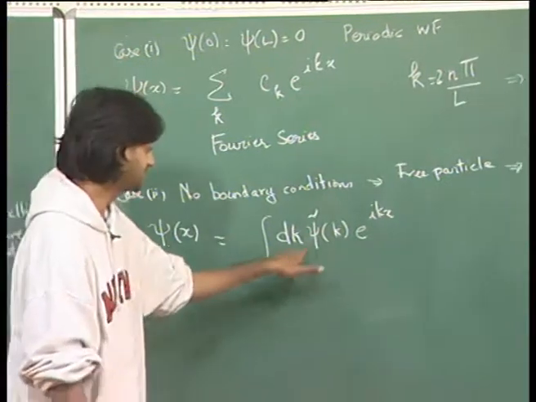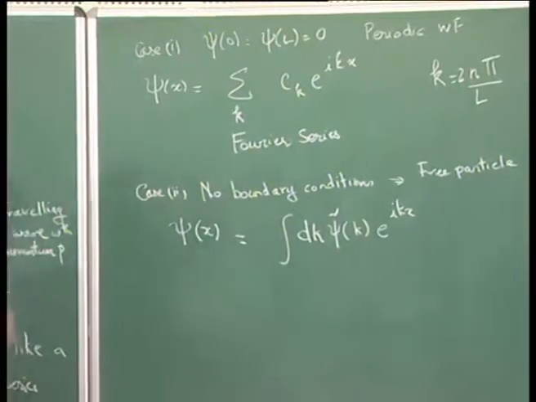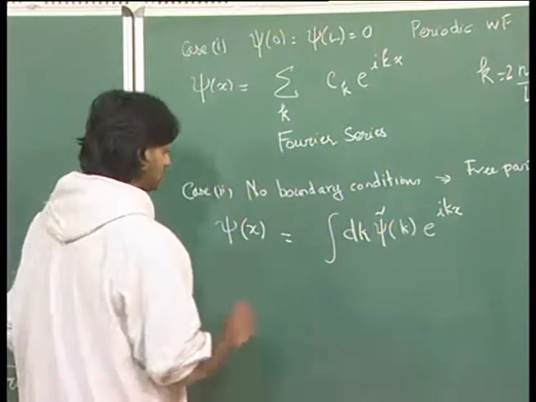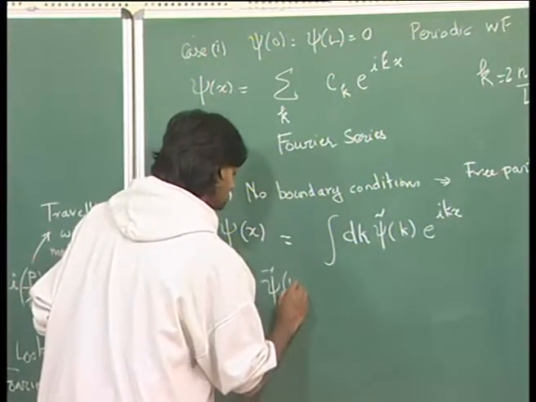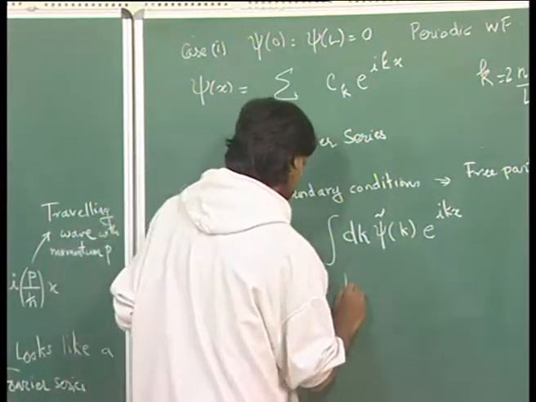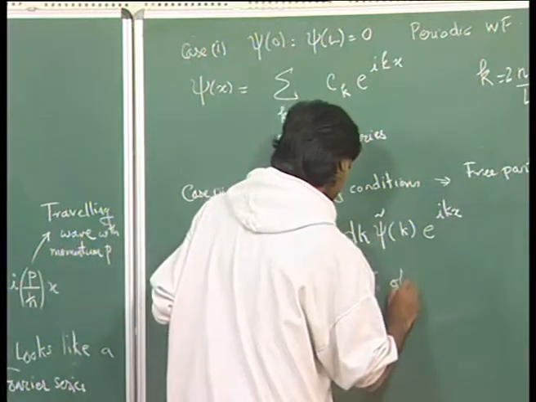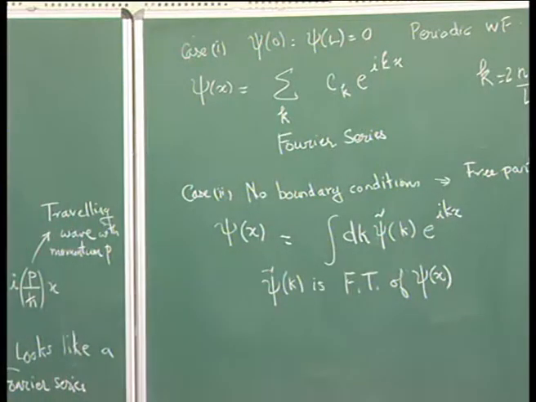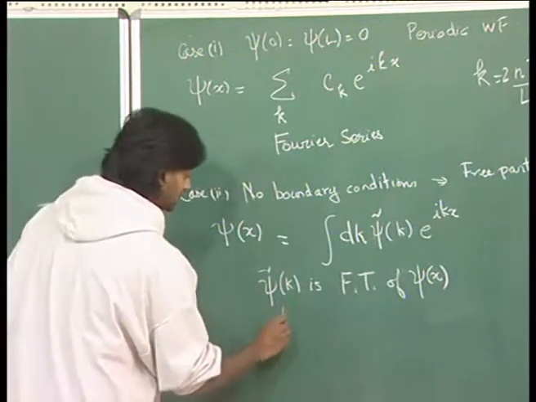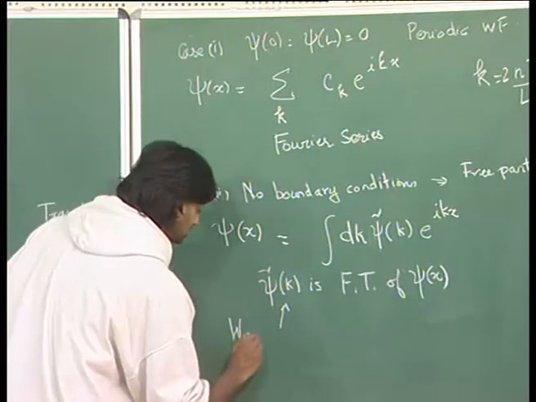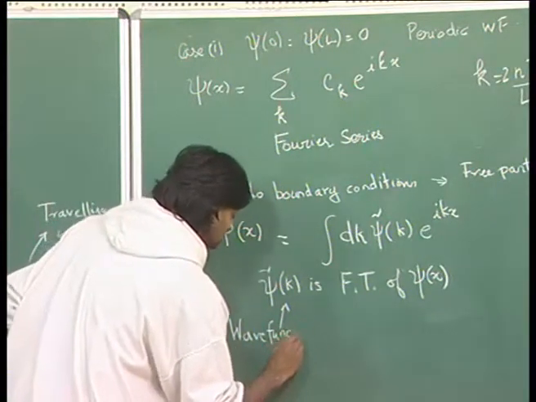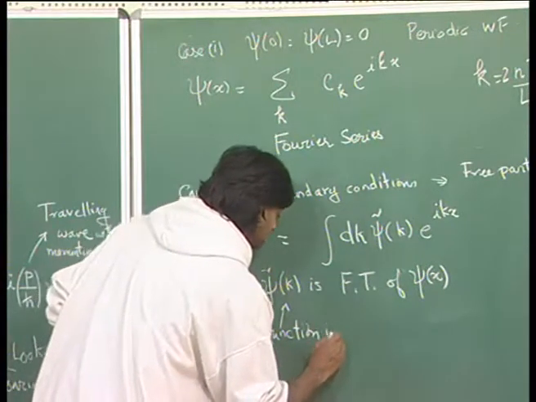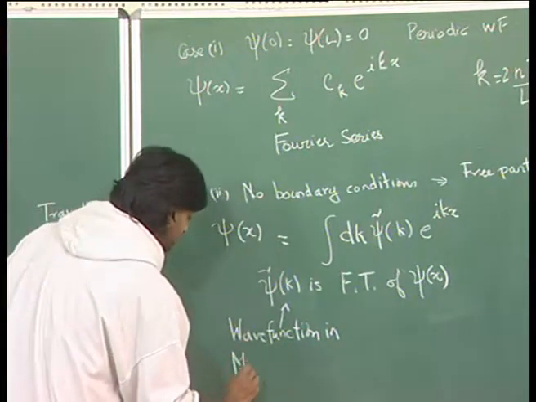We call that function psi tilde of k, and it is clear what psi tilde of k is. Psi tilde of k is the Fourier transform of psi of x, and this is called the wave function in momentum representation.